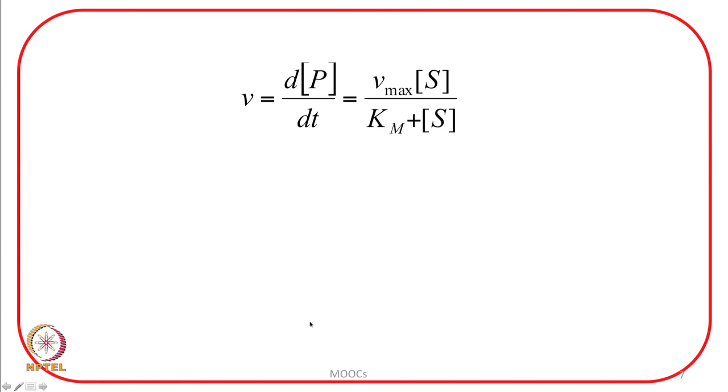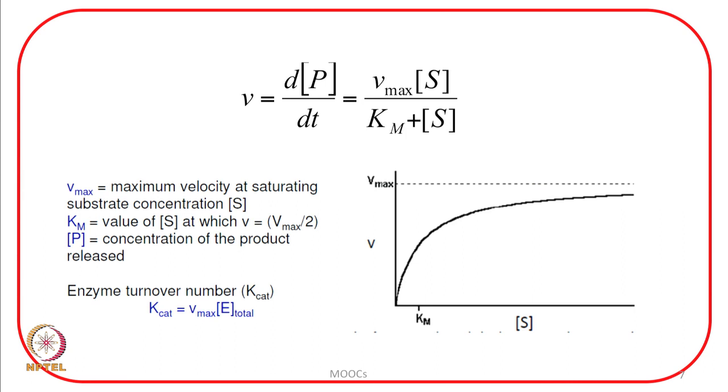What we got now is the rate in terms of Vmax, Michaelis-Menten constant, and the substrate concentration. This is how you can pictorially represent it, whereas as I discussed earlier, Vmax is actually the product of this rate constant K cat and E total.